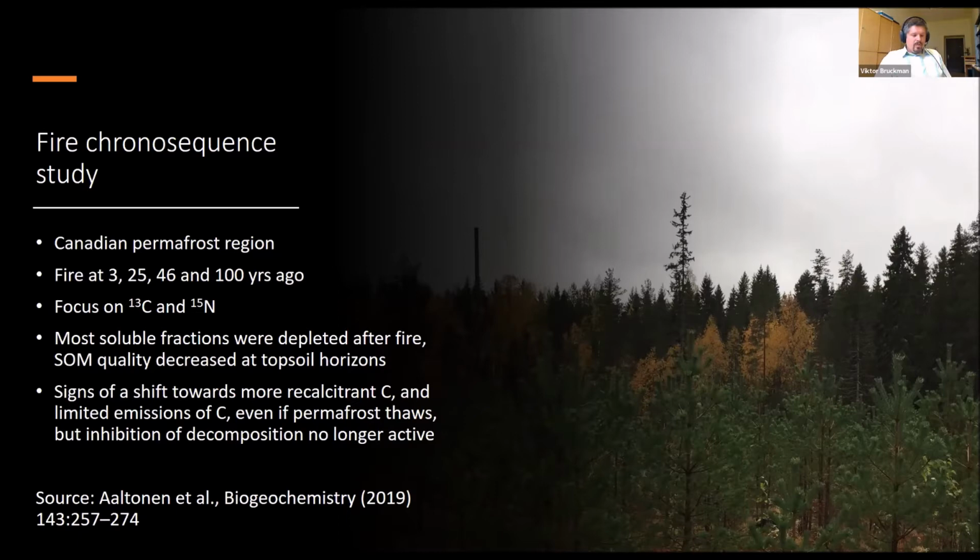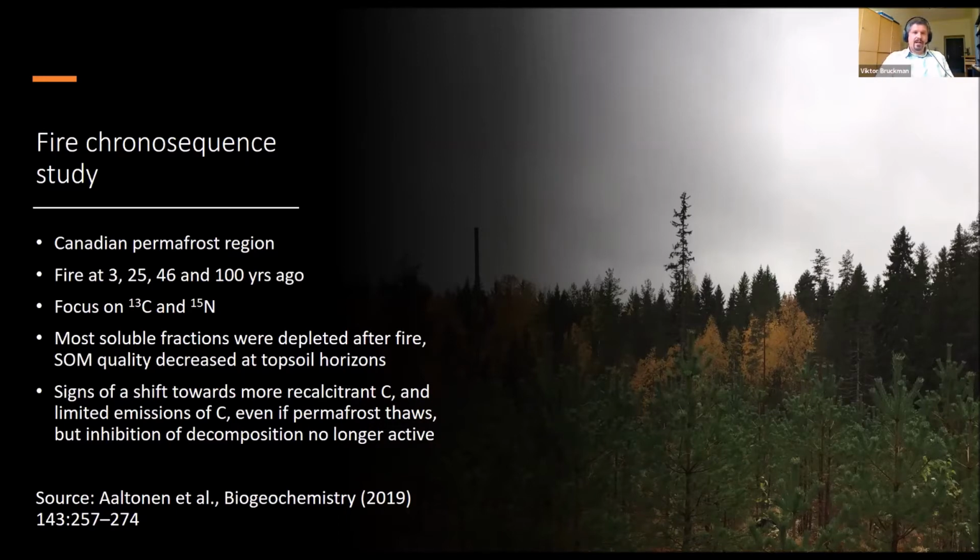In the topsoil horizon, we found that the recent fire areas contained a smaller fraction of labile soil organic matter and were slightly more enriched with 15N and 13C than in older fire areas. So basically what's happening during a fire is that the labile fraction of soil organic matter burns away and the more recalcitrant fraction stays.